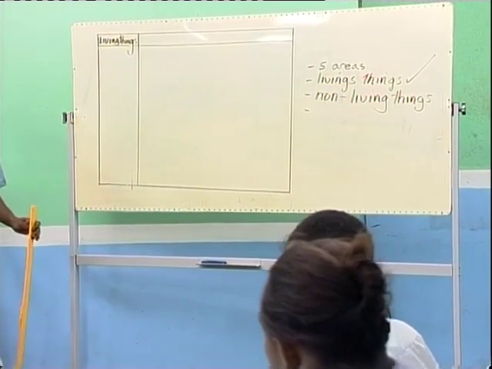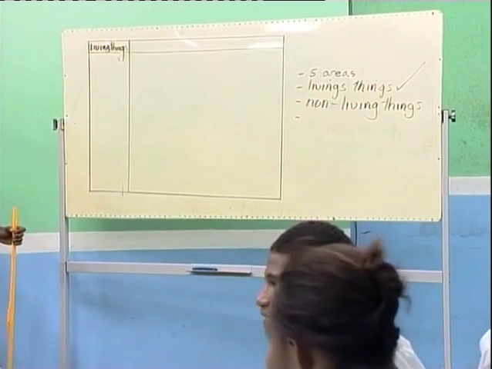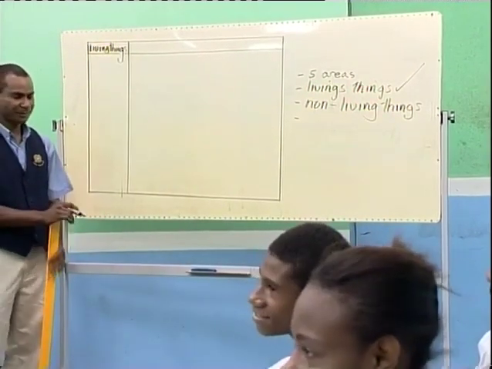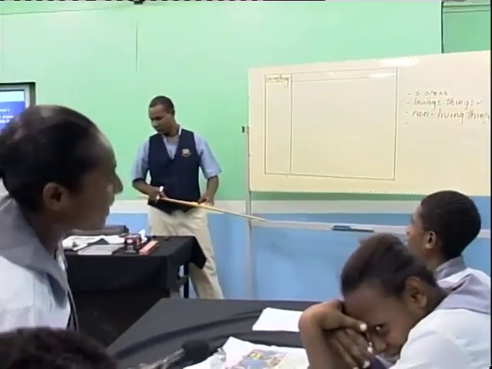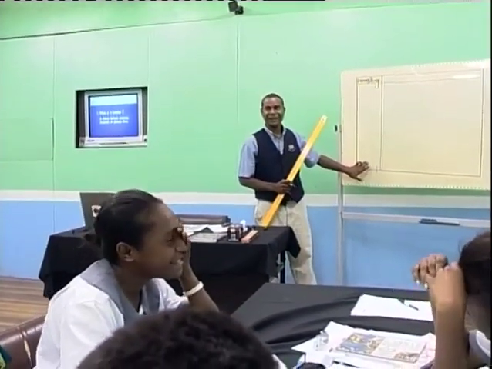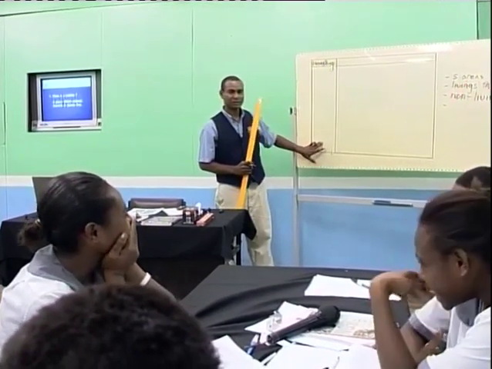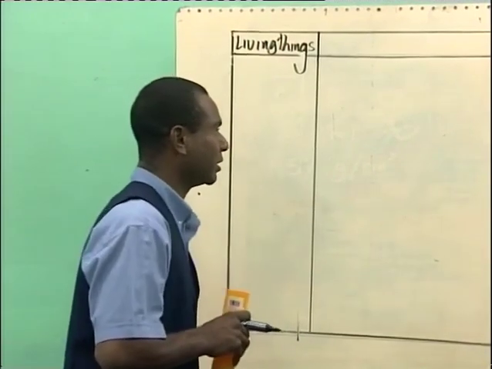All right. Ruthie. Animals and plants. Animals and plants here, we leave them here. All living things. Population of living things. Okay. So we look at the population of the living things.